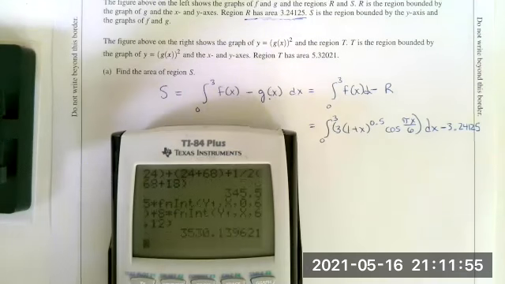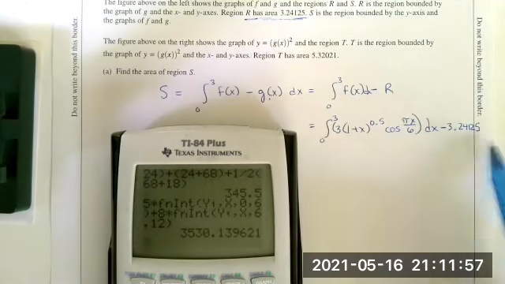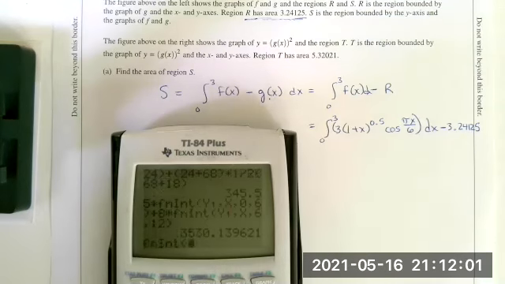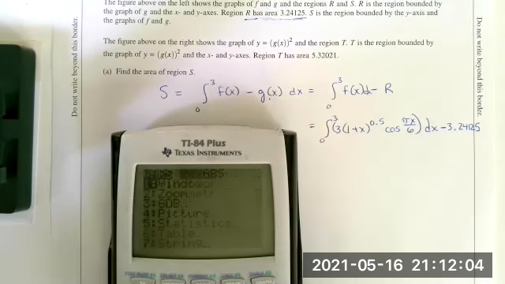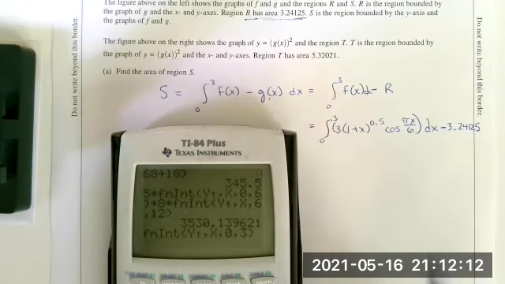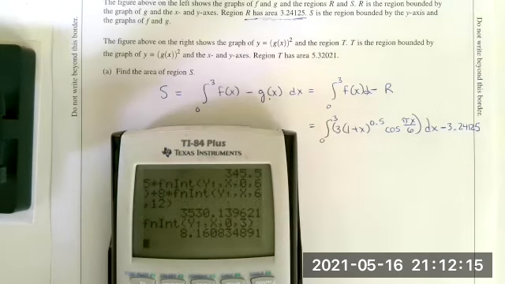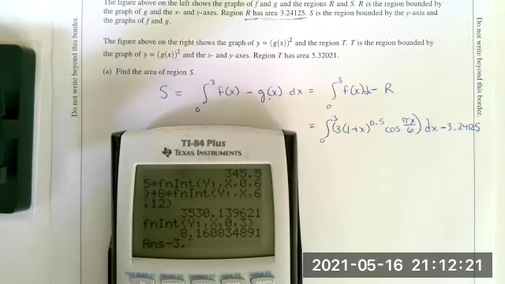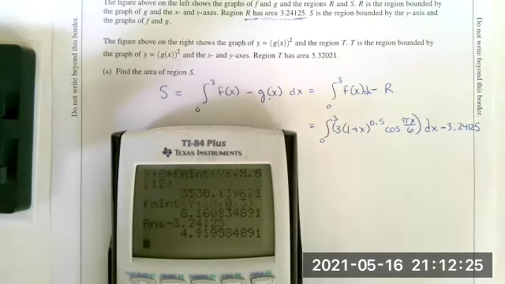So I'm going to leave that in y1, and I'm going to go ahead and integrate this. Math, function integrate, variables, y variables, function y1, comma, x, comma, boundaries 0 to 3. All right, so there's my answer. And instead of writing it down, I'm going to just subtract what I've written, 3.24125.